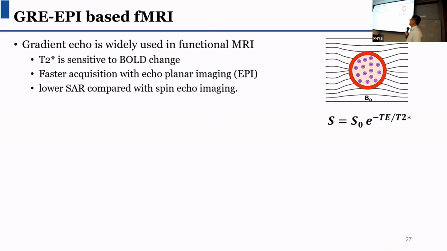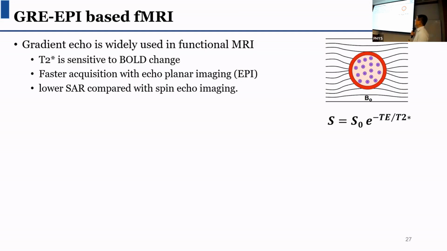Okay. So as I mentioned, this gradient echo is quite sensitive to our field inhomogeneity. One source of our field inhomogeneity is the deoxygenated hemoglobin. We know the difference between oxygenated hemoglobin and deoxygenated hemoglobin is their susceptibility.